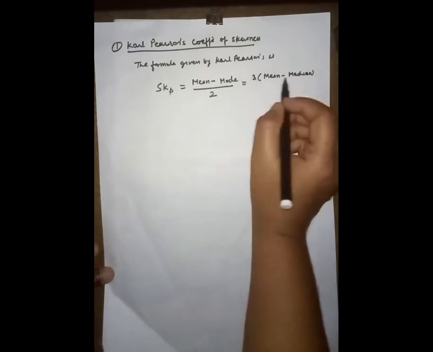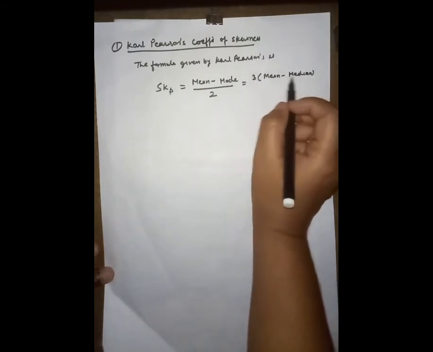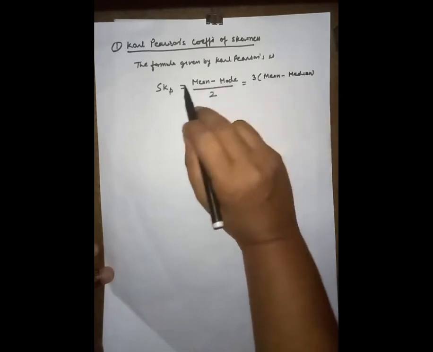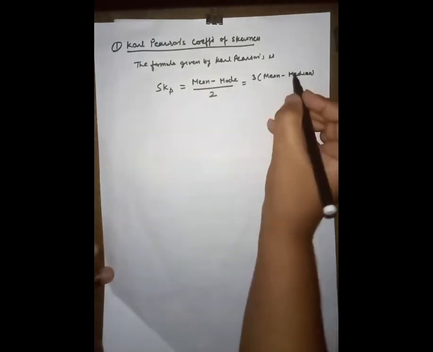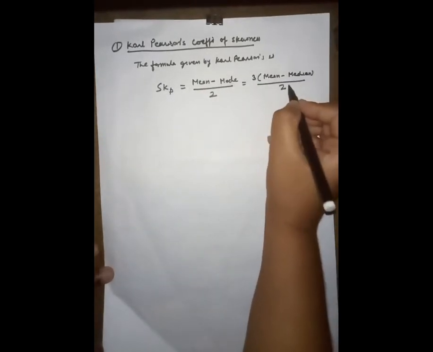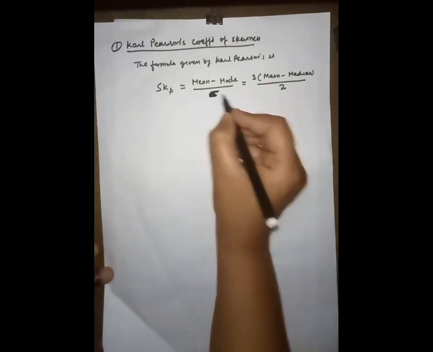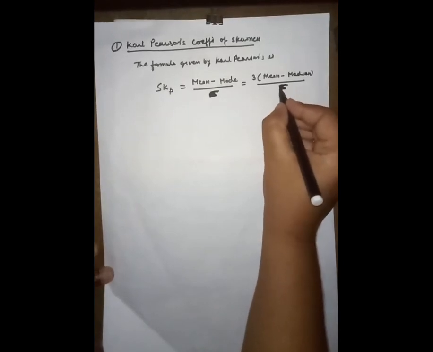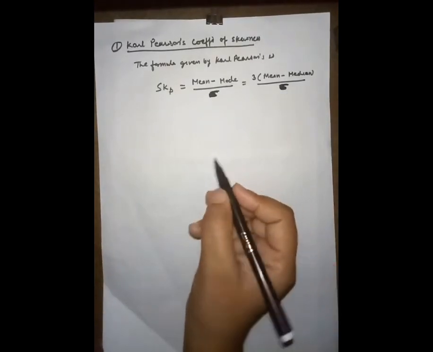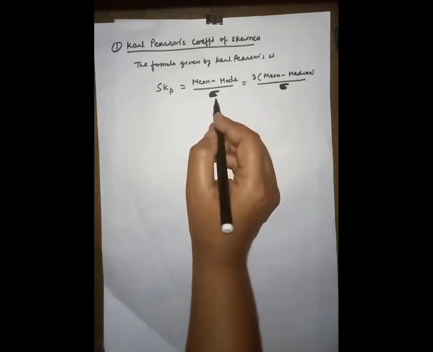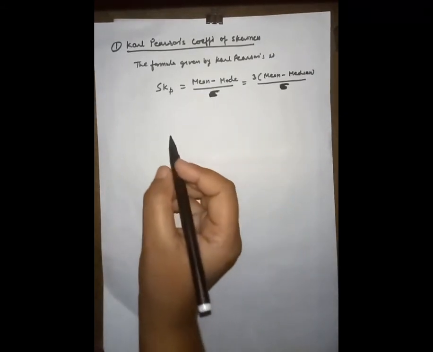If you are given a median value, you use this formula: 3 times (mean minus median) upon the standard deviation, SD, right friend?